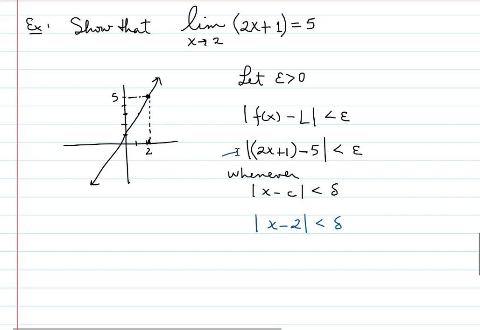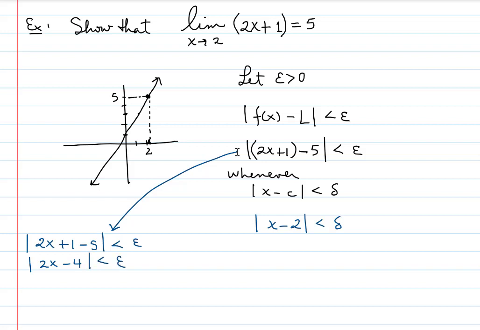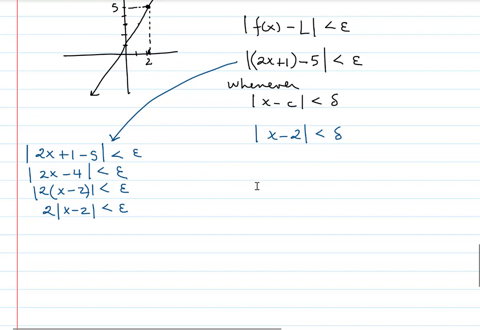So we take this right here. Let's simplify a little bit. The absolute value of 2x minus 4 less than epsilon. I can factor the 2 out, and this 2 in front can come outside the absolute value because it's just a positive number. So we have 2 times the absolute value of x minus 2 less than epsilon. Now from here, I can isolate this absolute value of x minus 2.